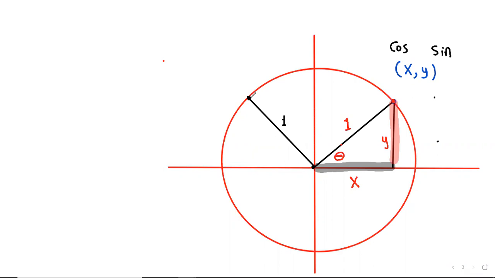But this point lies in the second quadrant. So X in the second quadrant is negative, so it will be negative X, and Y is positive, negative X and Y. Because I have drawn the two triangles to be congruent.